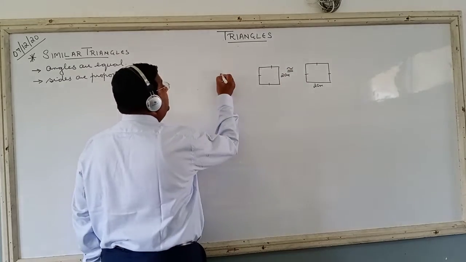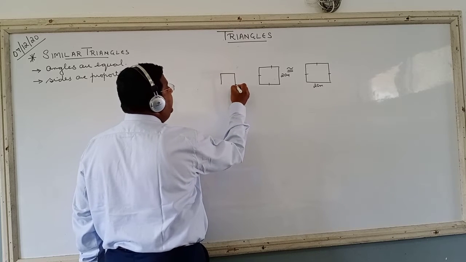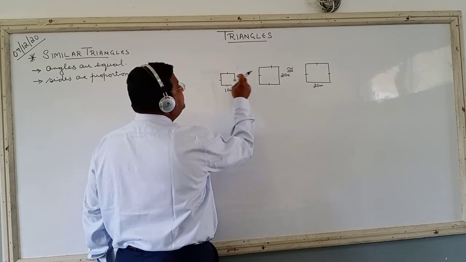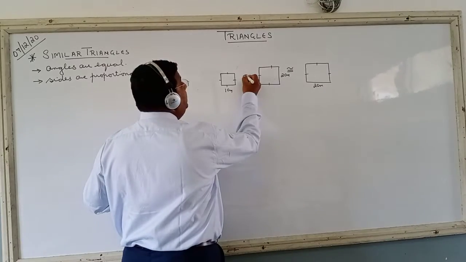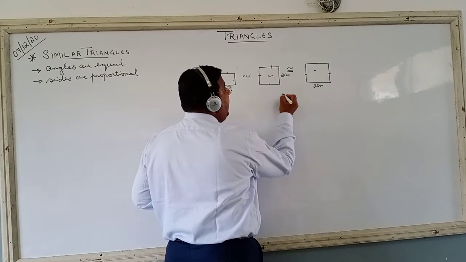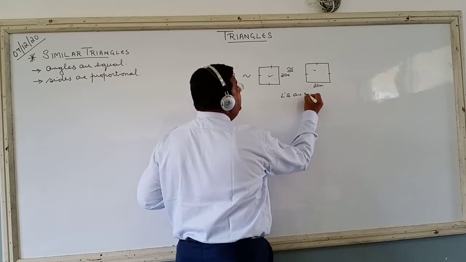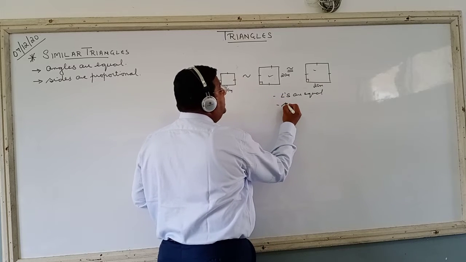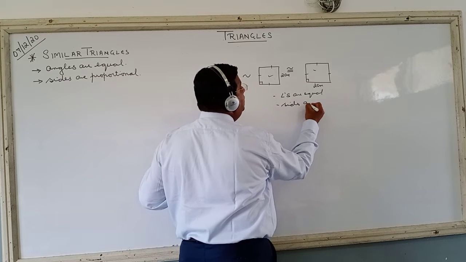But if I draw another square of side 1 centimeter, is it congruent? No, it is a similar figure. So what can we see? In congruent figures, angles are equal, all the vertices are 90, and sides are also equal.